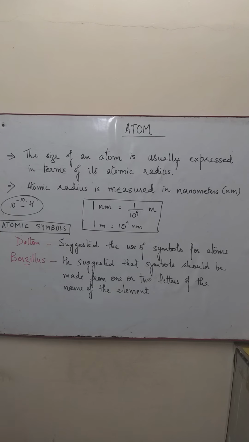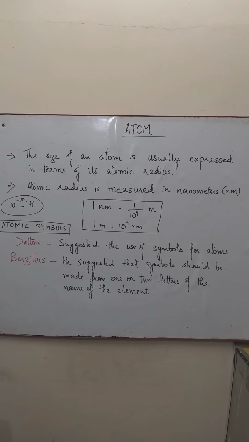When we talk of hydrogen, for example, 10 to the power minus 10 meters is the size of an atom of hydrogen. Also, each element's atom is unique. That means that particular atom of an element is unique, and all the atoms of that particular element are the same.